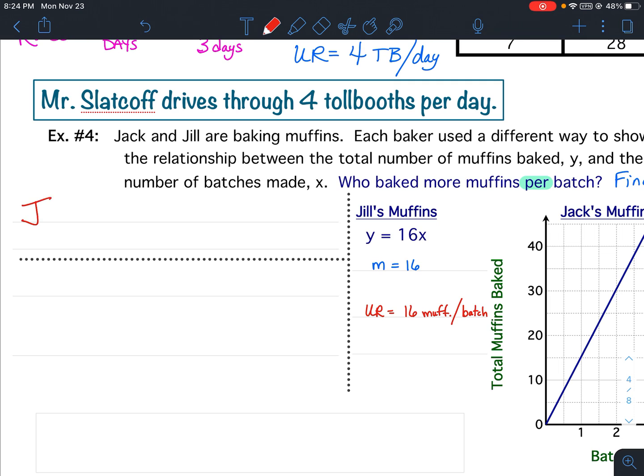Let's write that again. So for Jill, her unit rate is 16 muffins per batch.